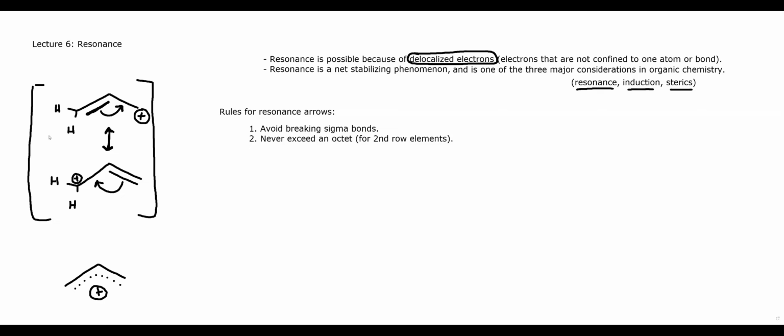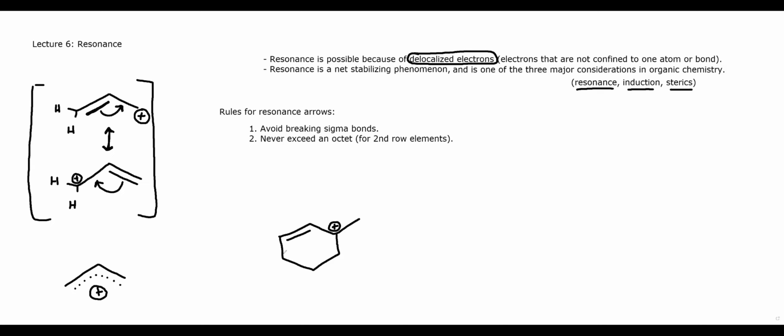So let's draw an example here. Similar to the one we just had right there, I'm going to draw a different molecule. Let's put a double bond here, and we have a positive charge on this carbon. Now, remember, we don't touch the single bonds.